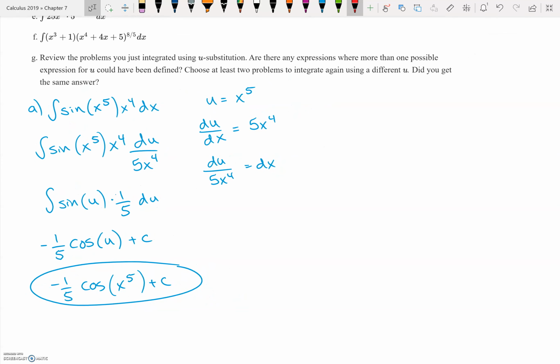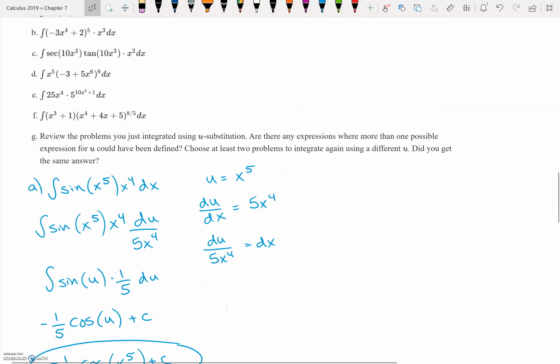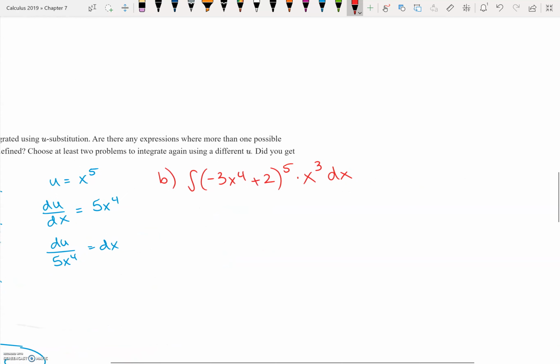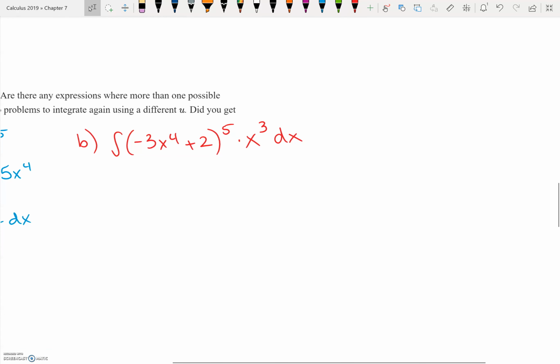I'll do this one more time for the next example. We have the integral of -3x to the fourth plus 2 to the fifth times x cubed dx. So we need to determine what is u. It's the thing in parentheses. If I took the derivative of this, it turns into x cubed, so therefore that's u.